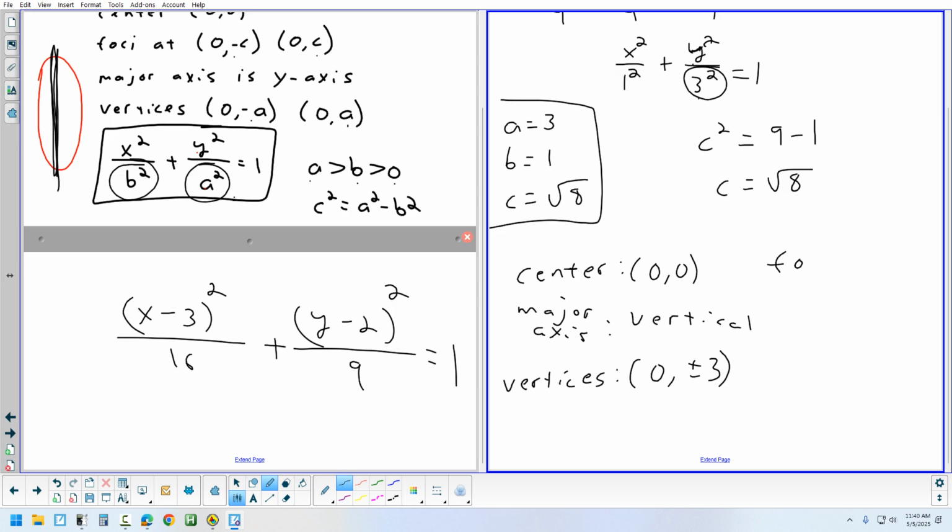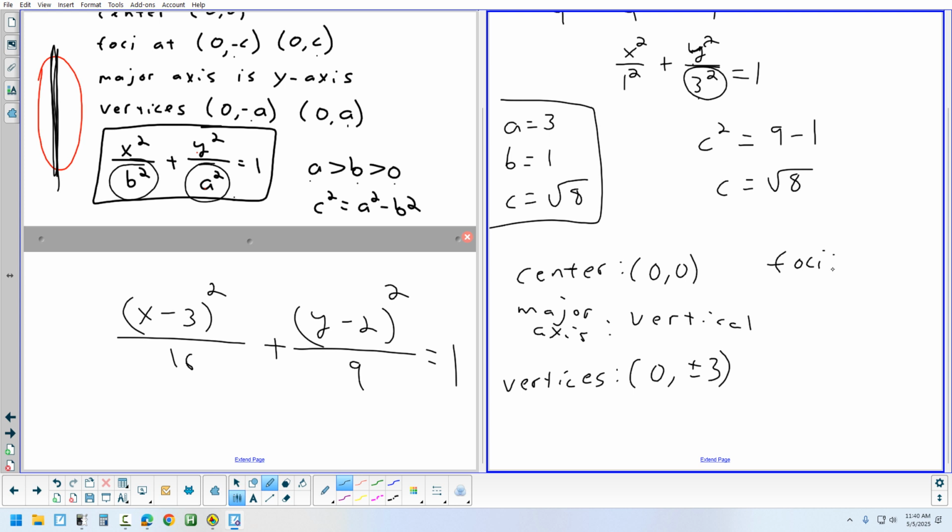And my foci. How far are the foci from the center? Do you think you know, Natalie? Yeah, 0, plus or minus 0. So what letter tells us something about the foci?